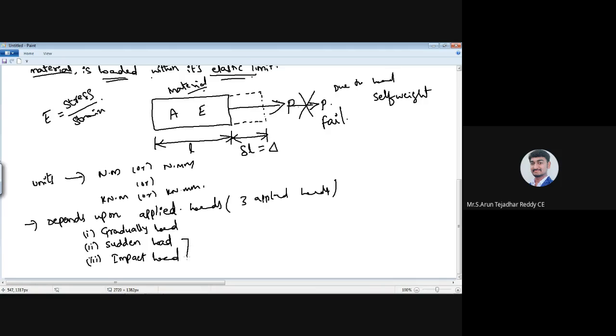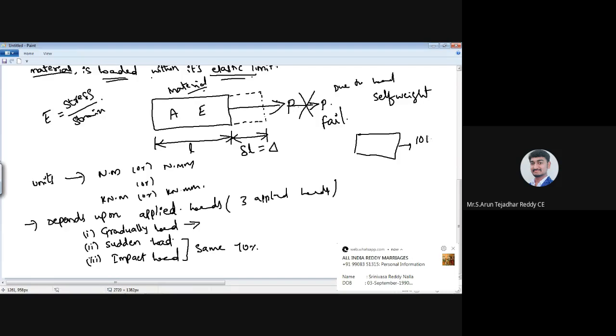See here, the meaning of sudden load and impact load is almost the same, 70% same. What is the meaning of gradually load? Suppose in this given body, I should apply totally 10 kilonewton load.